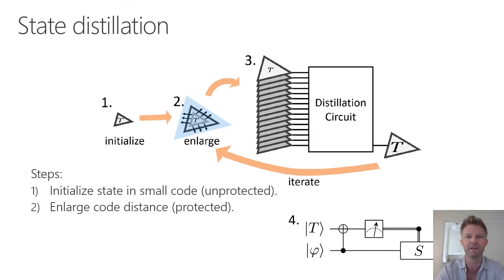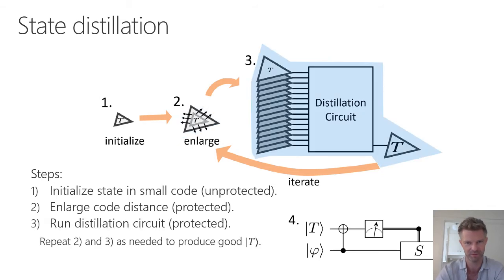But the reason we do that is because the workhorse of the distillation protocol is in fact a Clifford circuit, which we know we can run on this patch or on these sets of patches using what I described above, the Clifford operations in 2D color codes, and this will output. It's a post-selected circuit, so it will output a much higher fidelity T state than you input.